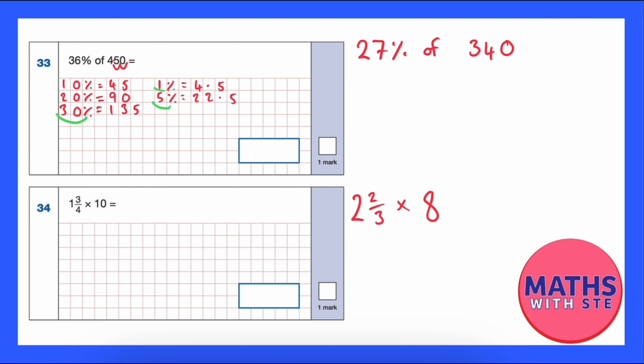So I can say that 135 add 22.5 add 4.5. Okay, and that's going to give me 36%.